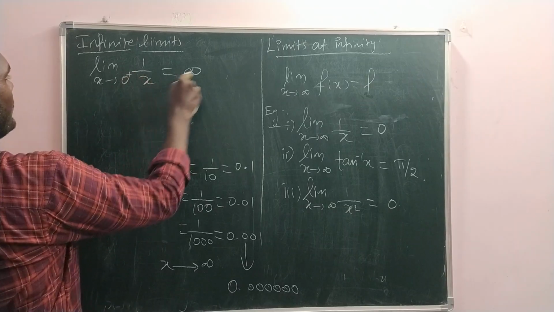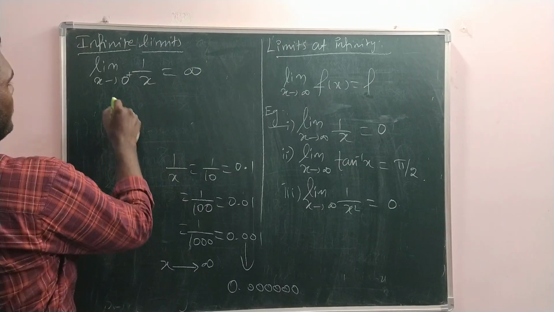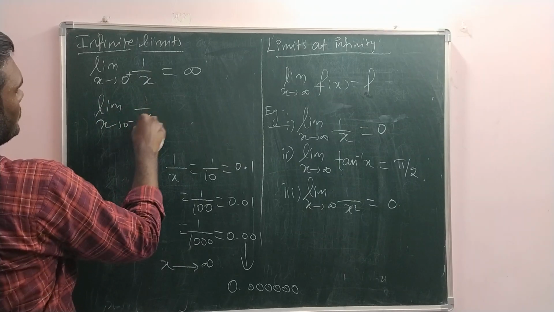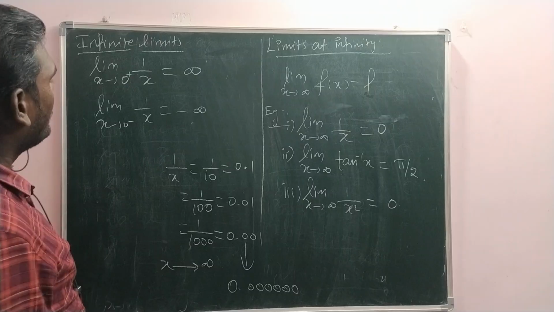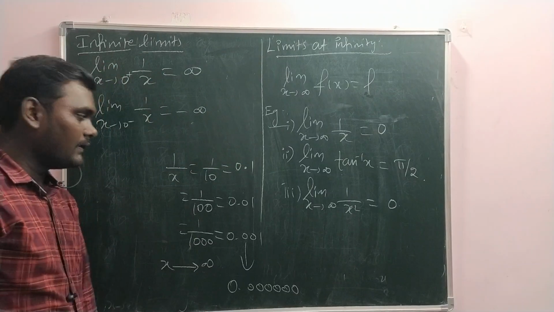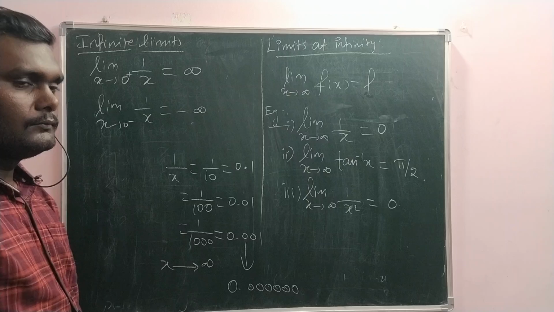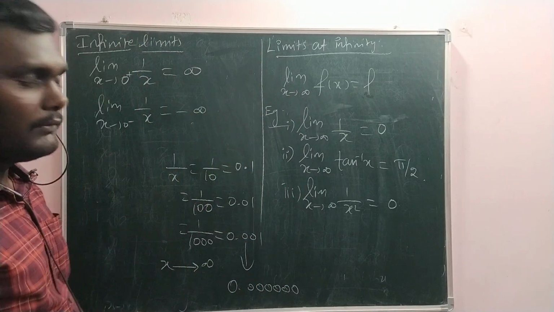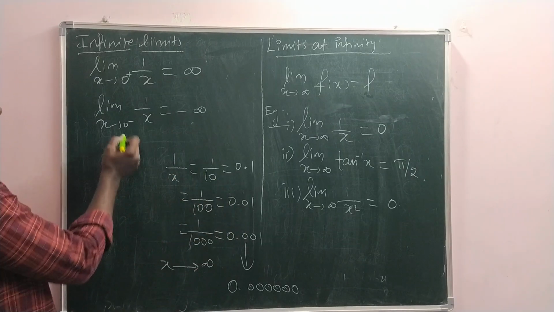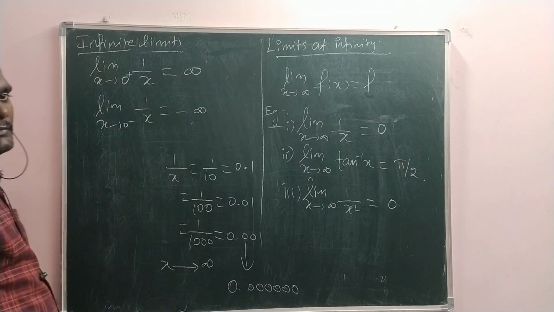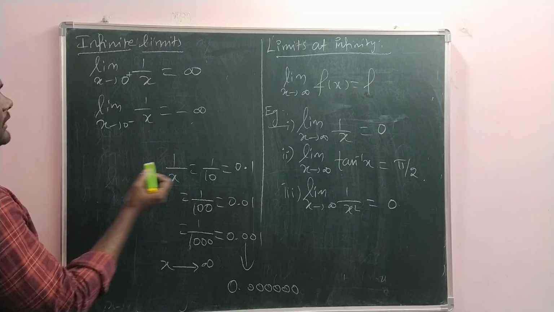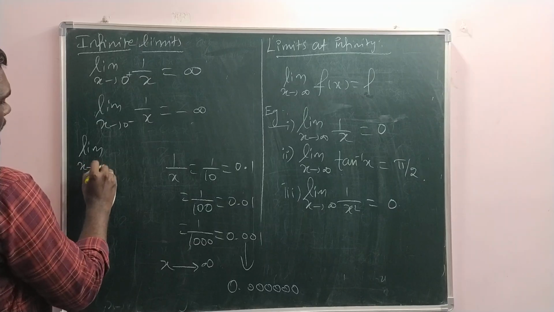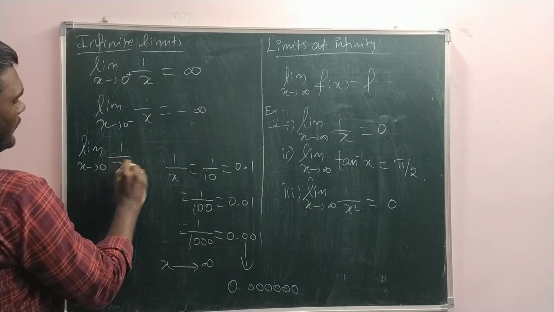Infinity. So 0 plus means plus infinity, and 0 minus means minus infinity. So the limit does not exist. We have seen this in the first class itself, remember. So that is the whole point. The value can approach infinity, or the overall limit can be infinity. Also, if both right limit and left limit are infinity, then we can say the function has the limit infinity.